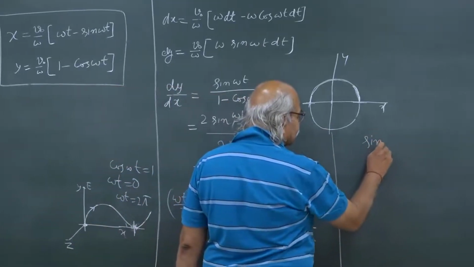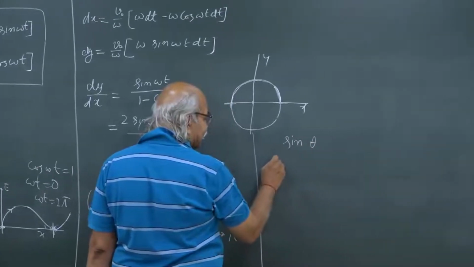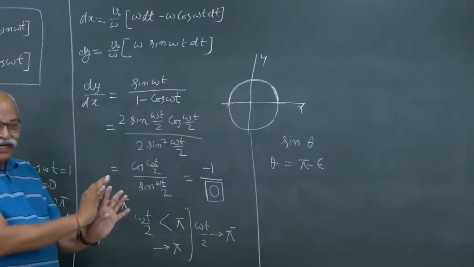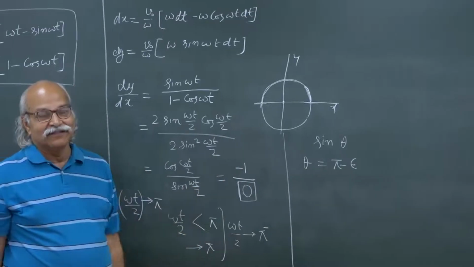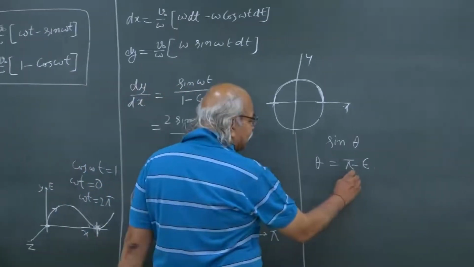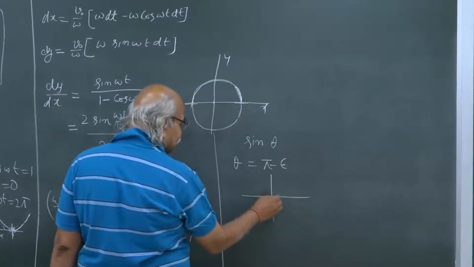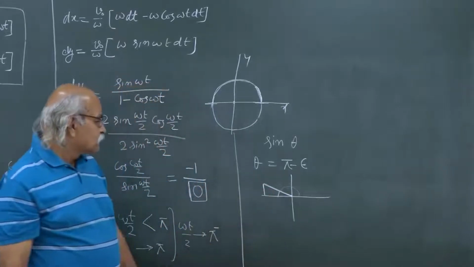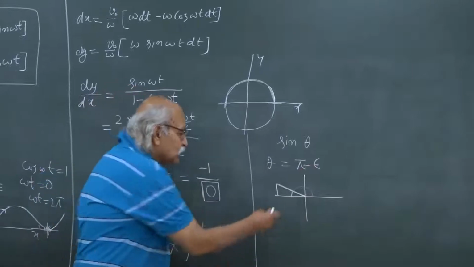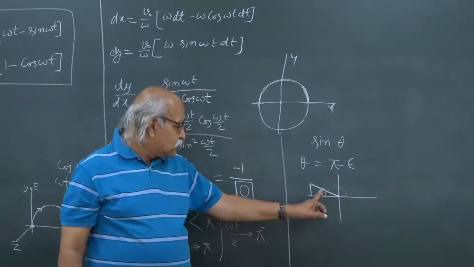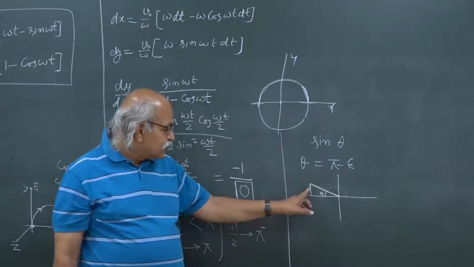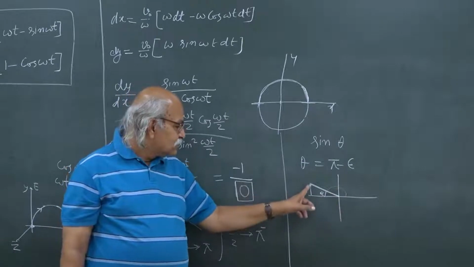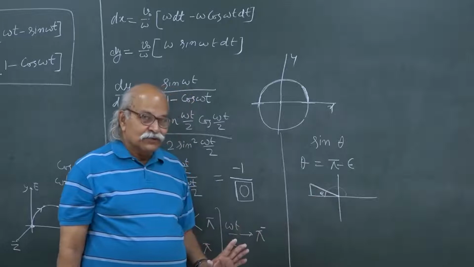Suppose you have sin theta, and I say that theta is pi minus epsilon, and this epsilon is going to 0, and therefore theta is going to pi. What happens to sin theta? If you see sine of pi minus something, it is like this, and as this epsilon goes to 0, this side will go to 0, and therefore the sine of this theta, which is this side divided by this, is going to 0.